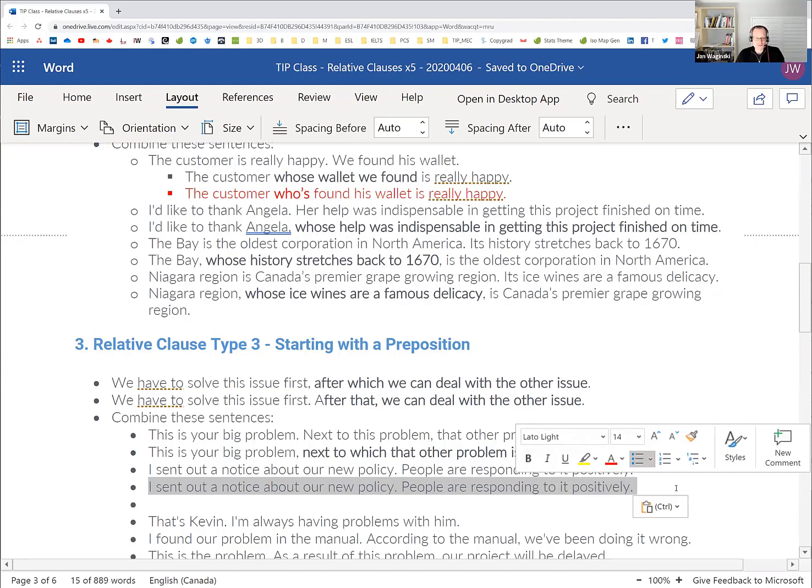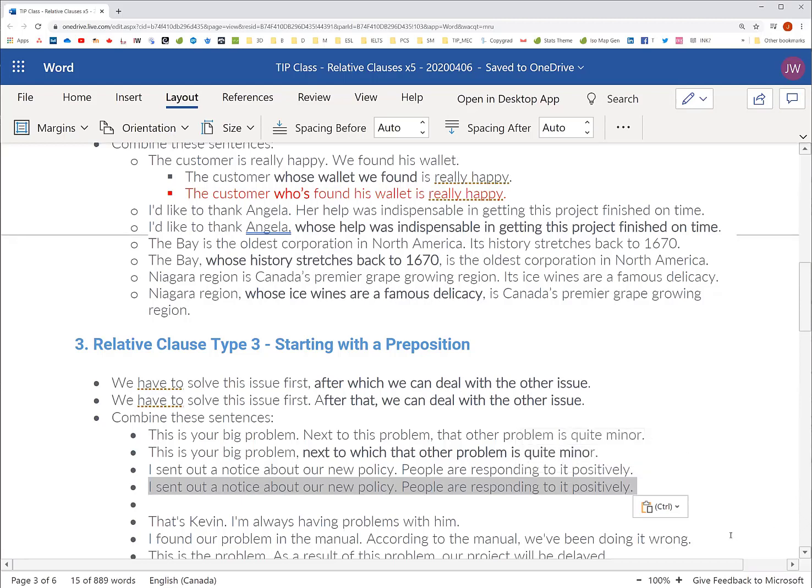Let's do Dina. I sent out a notice about our new policy in which people are responding to it positively, or for which?